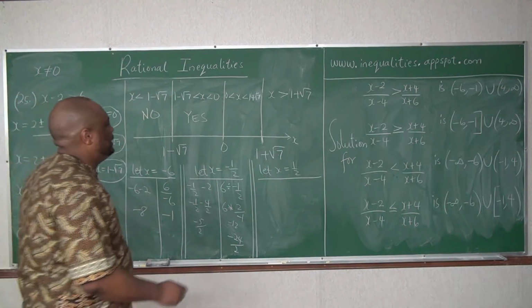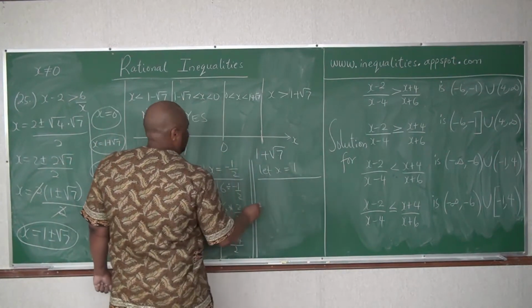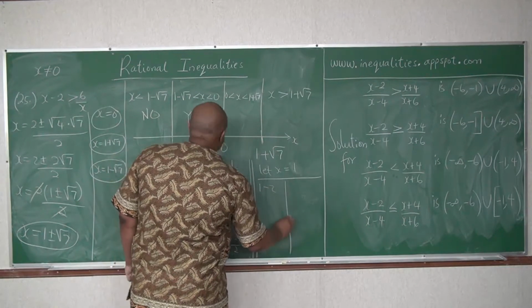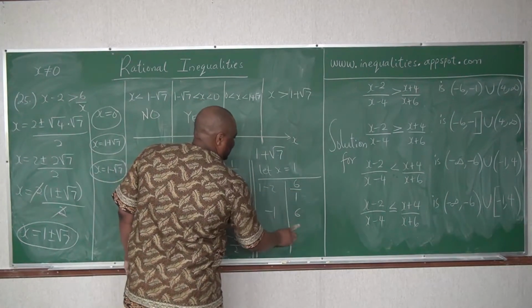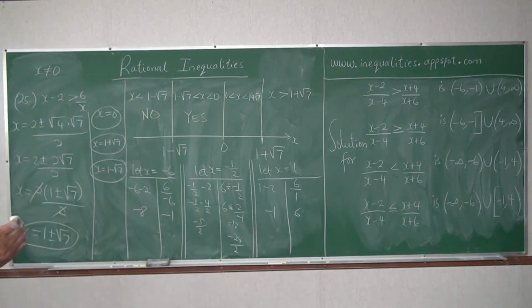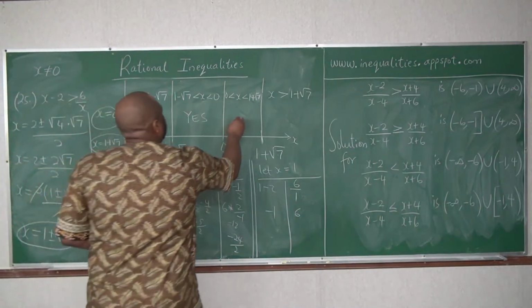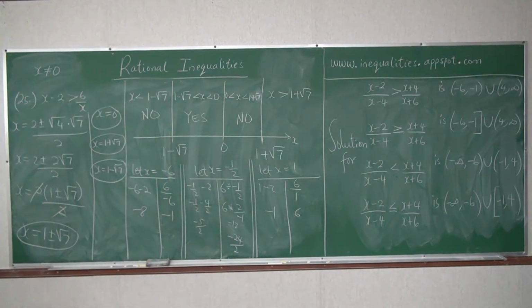Let's use 1 here. So this is 1 minus 2 on the left, and this is 6 over 1 on the right. So this is minus 1 and this is 6. Is minus 1 greater than 6? No. Minus 1 is less than 6. So this is no. Do you understand what I'm doing?